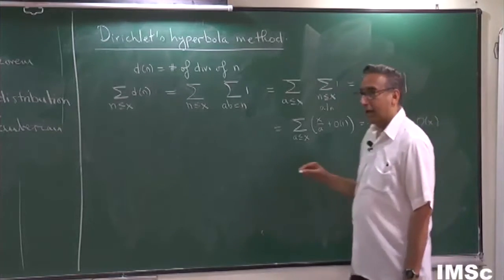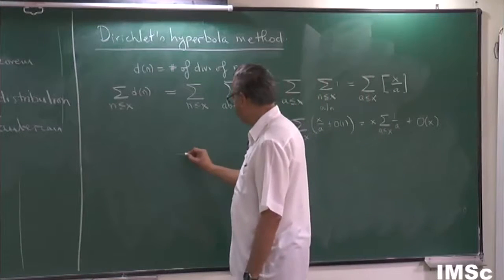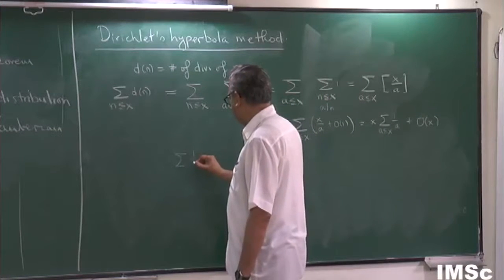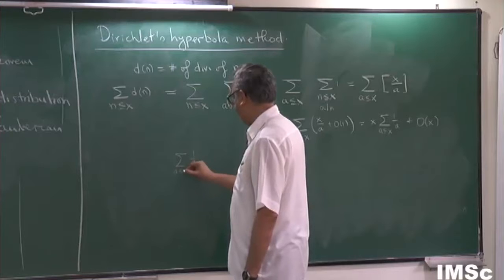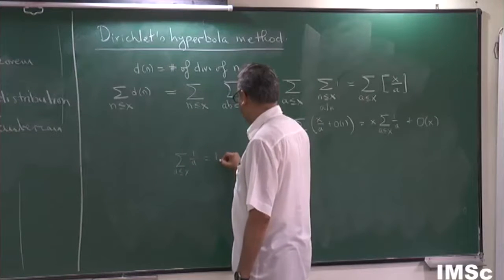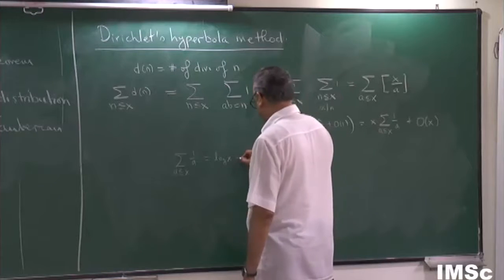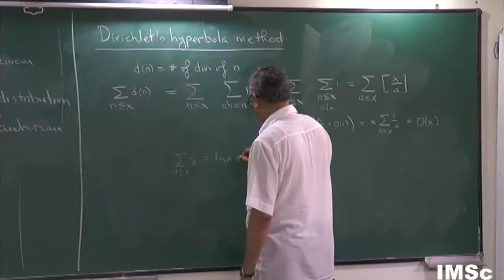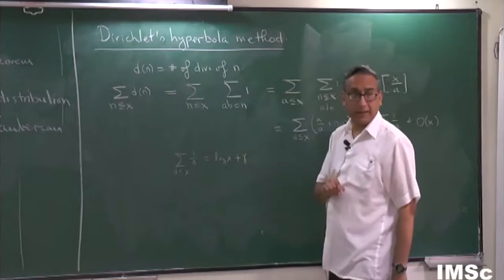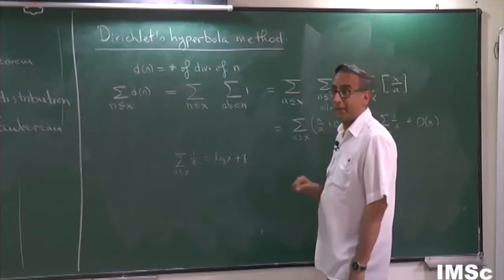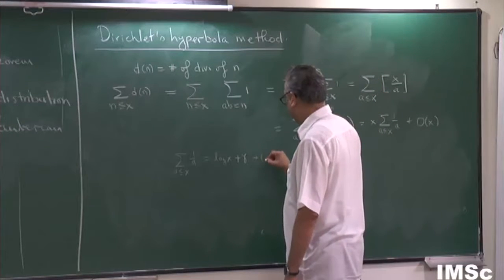And we saw by Abel summation, partial summation, that the summation of 1 over a for a less than x is equal to log x plus, well, I told you about this, Euler's constant gamma, plus O of 1 over x. Remember we did this.